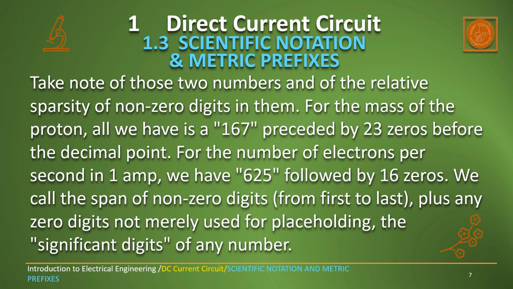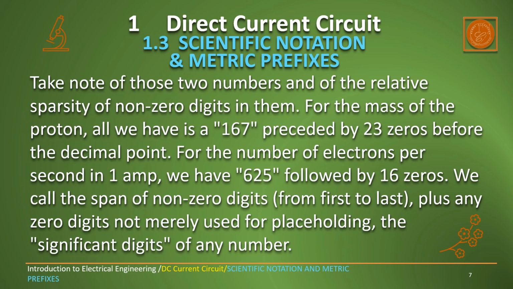For the mass of the proton, all we have is 167 preceded by 23 zeros after the decimal point. For the number of electrons per second in 1 ampere, we have 625 followed by 16 zeros.